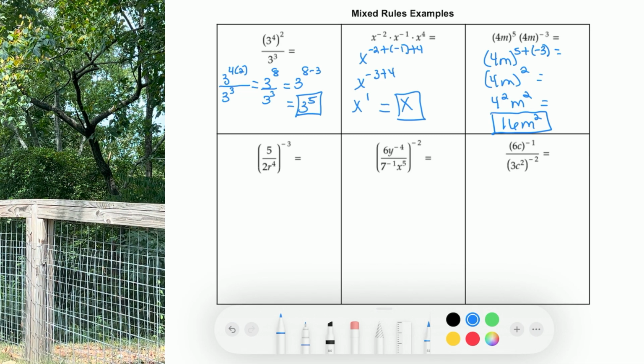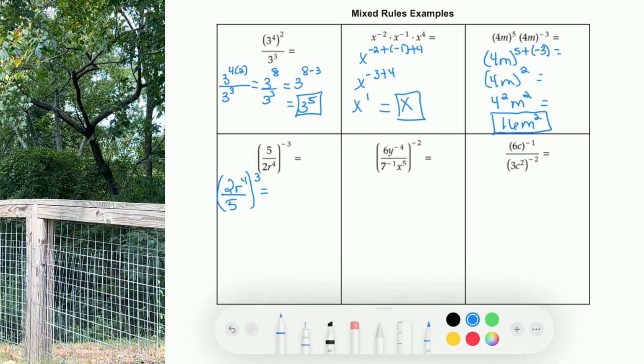The next one has a fraction to a negative power. I'm going to use the rule that tells me I can actually flip this and make that power positive. So I get 5 over, or excuse me, I forgot to flip it. So 2r to the power of 4 over 5. And all of that is now to the positive power of 3. Now I can distribute that out.